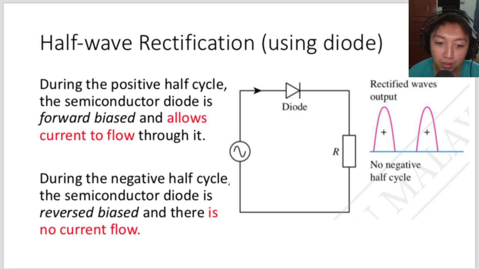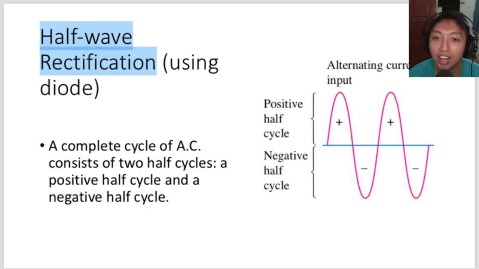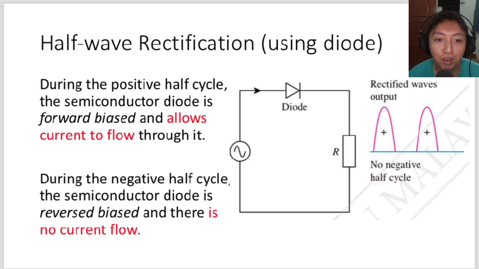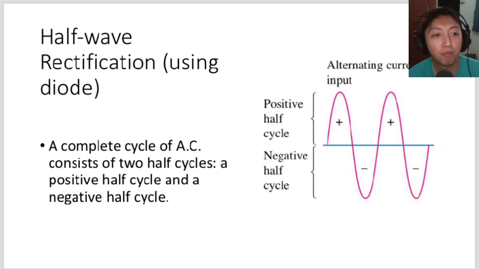You're not allowed to go in the opposite direction. And so it's reverse biased and there is no current flow. If we put it back in a cathode ray oscilloscope, this is what it looks like. We take half of this wave. That's why we call it half-wave rectification. We only allow the positive half of the wave to go through, and the negative half we just say nope, cancel, don't move. None shall pass.